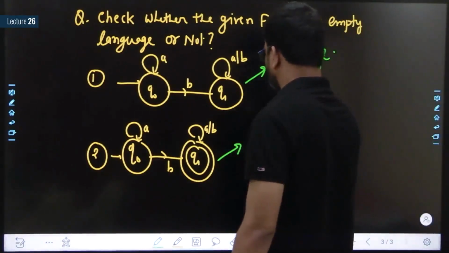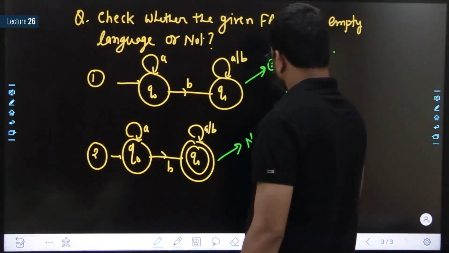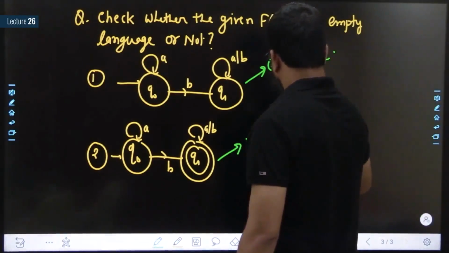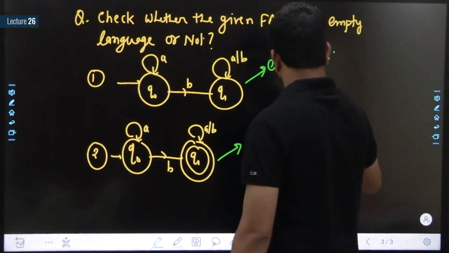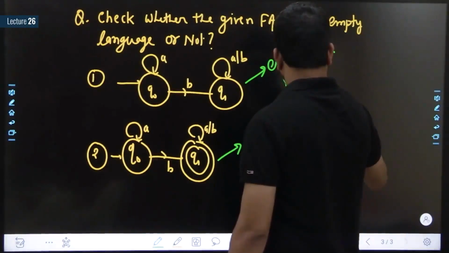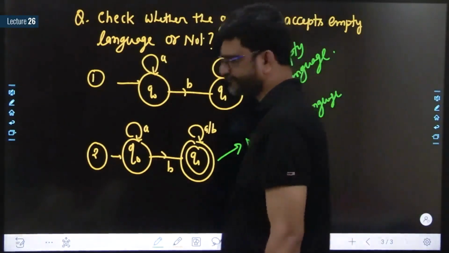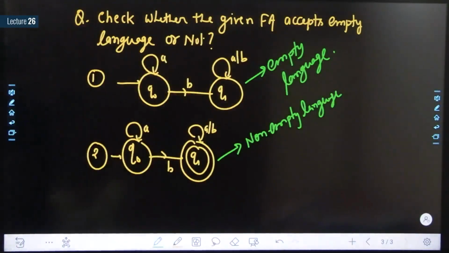It means this accepts non-empty language. Clear? Clear?